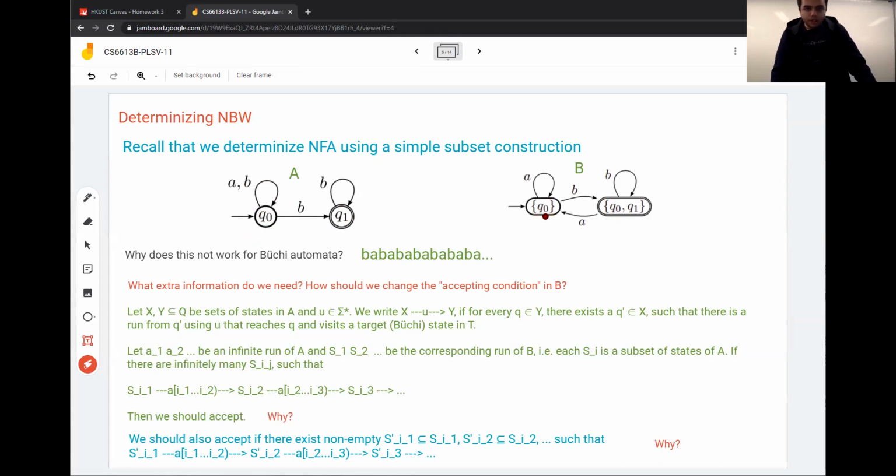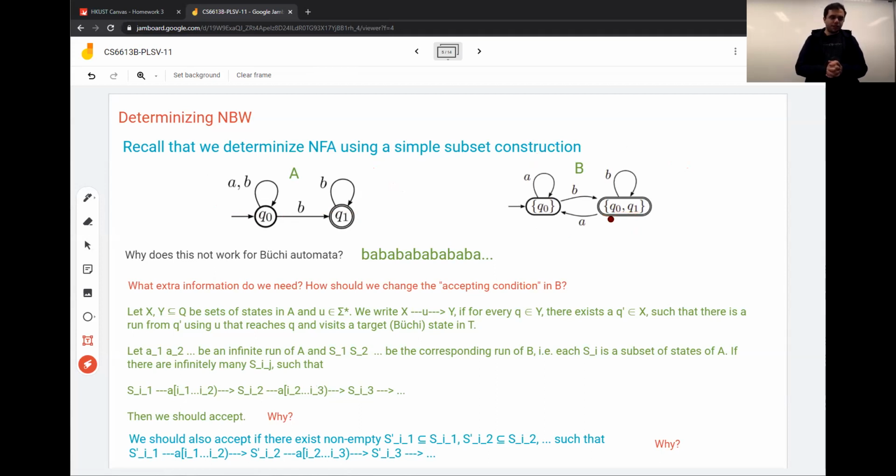And this worked very well for finite automata. And the reason was that basically in a finite automaton, the only thing that we care about is where a path ends. So as long as you keep track of the endings of all the paths that you have in your non-deterministic version, so your deterministic version is just keeping track of the ends of the paths, that's enough information for us, right?